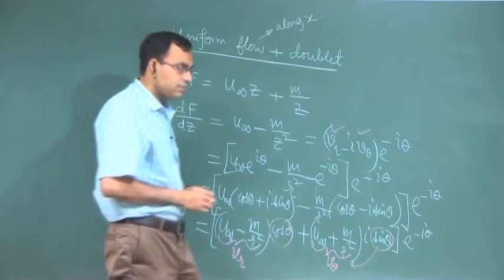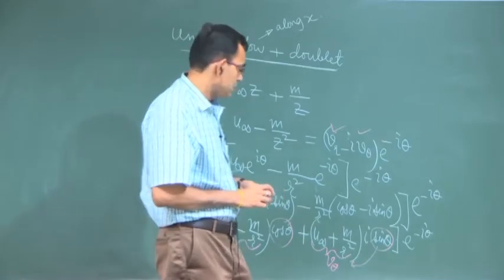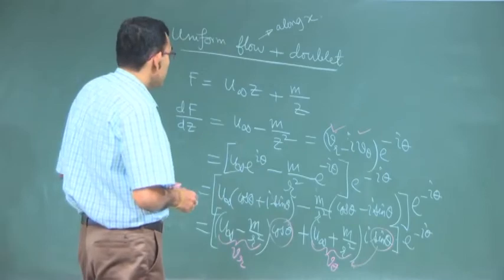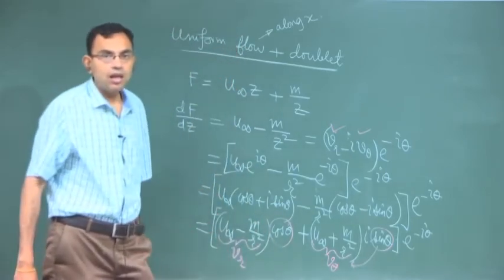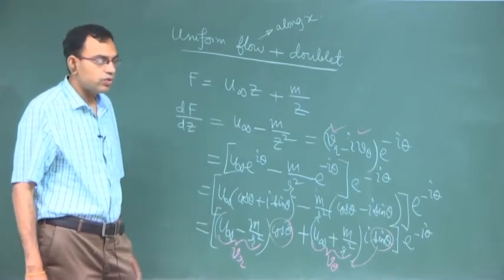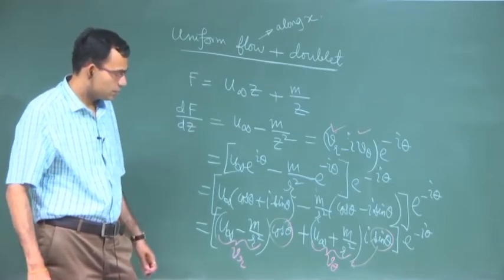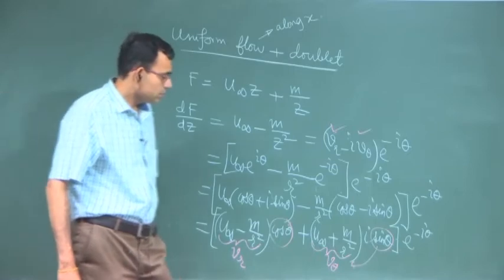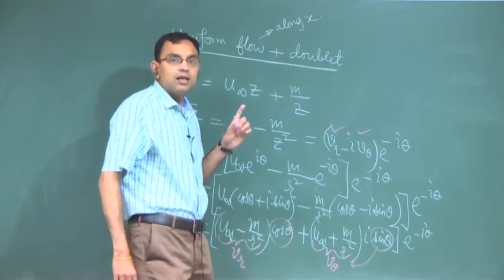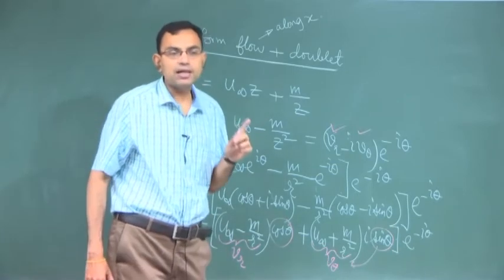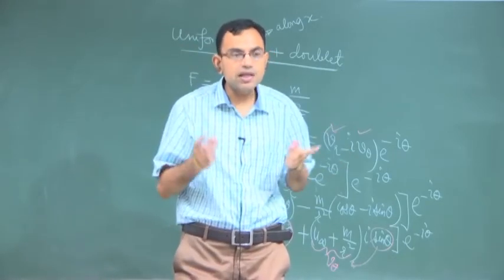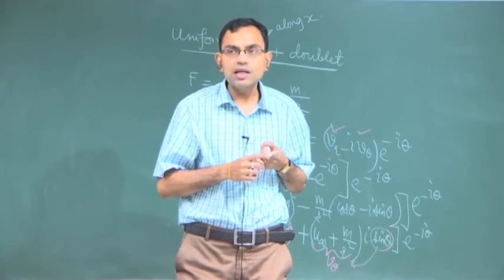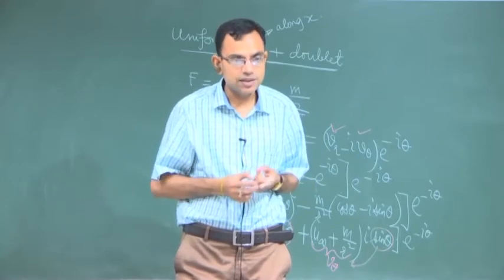Now imagine the flow past a circular cylinder. What is the basic boundary condition that this flow must satisfy? The surface of the cylinder is defined by a constant radius.